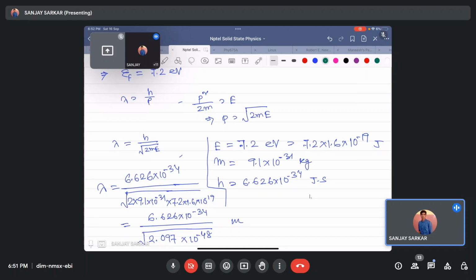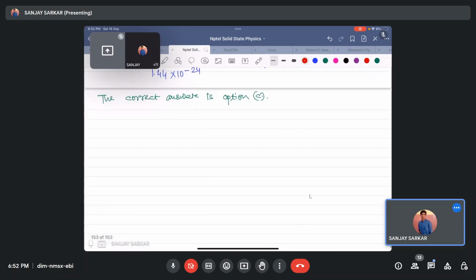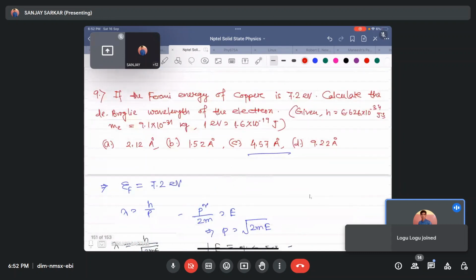So can you calculate this problem? This is also from the assignment. This is question number 7 of assignment 7. Oh my god, this is 9.